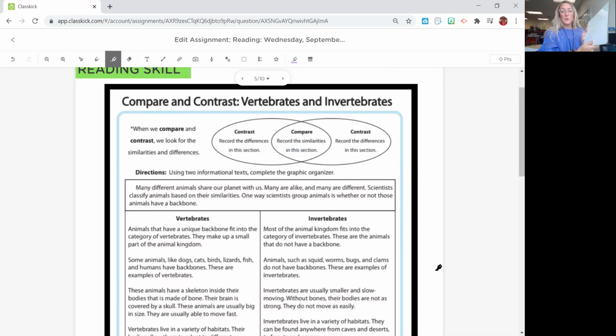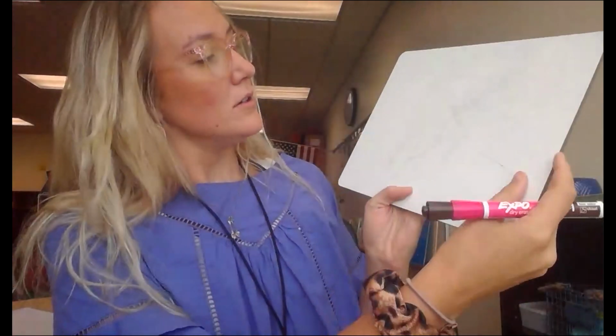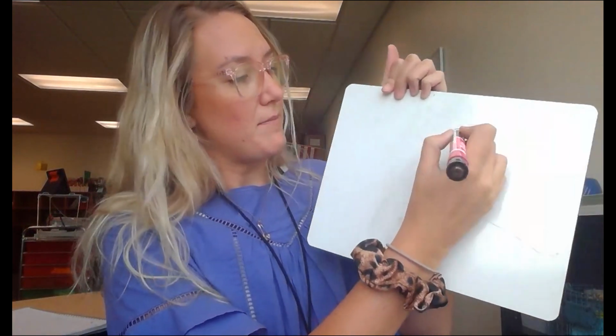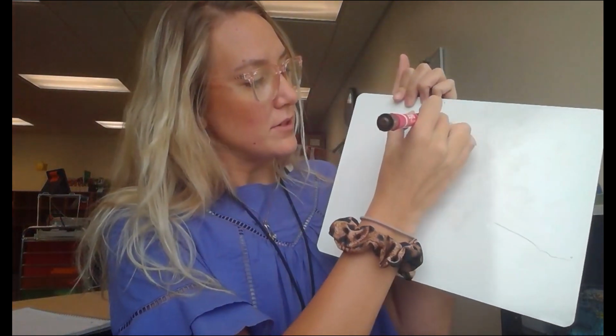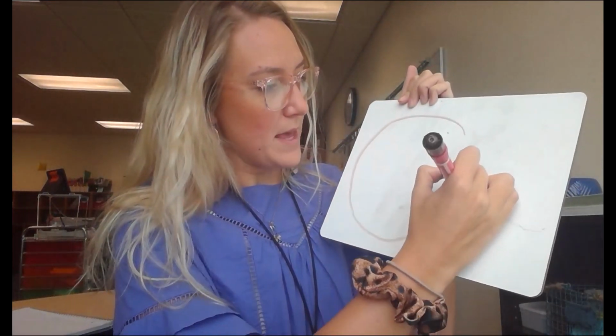All right, before we begin, we are going to write out our Venn diagram. Now, I want you to make really, really big circles for this one, okay? So my first circle, I'm going to make sure starts kind of in the middle and goes all the way to the outside, nice and big.